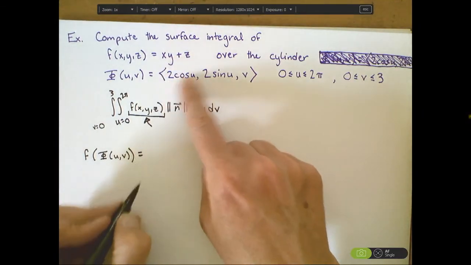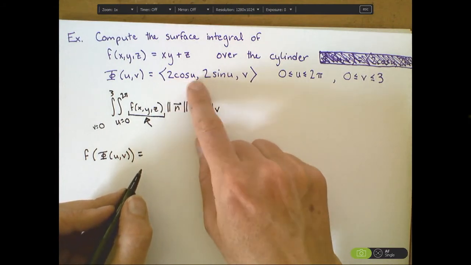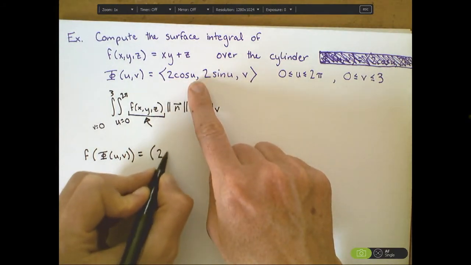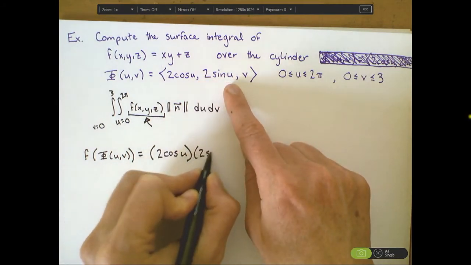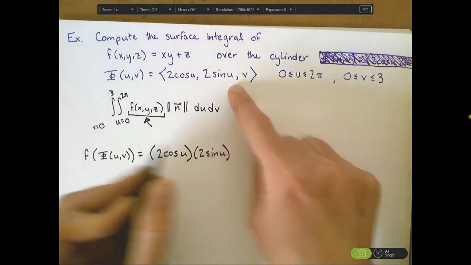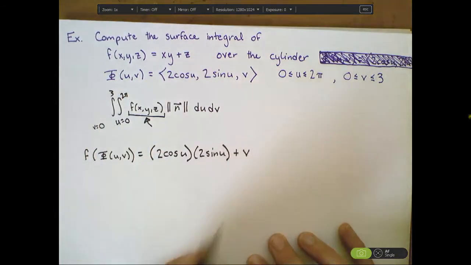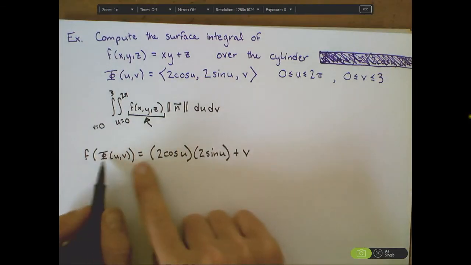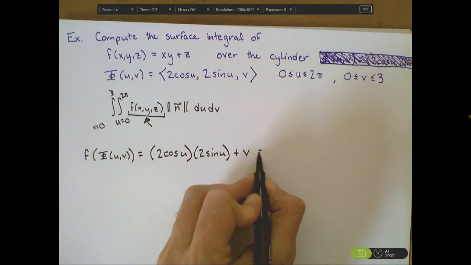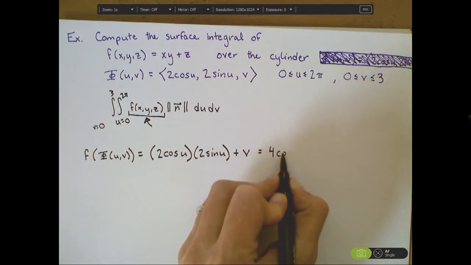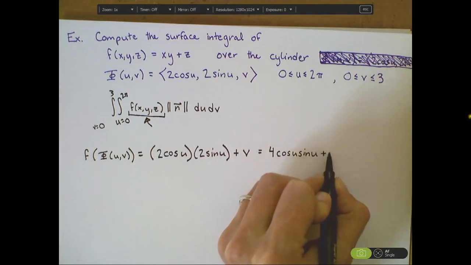In this case, x is exactly equal to 2 cosine u, and y is equal to 2 sine u, and then plus z. Z in this case is just equal to v. This is a way that we can rewrite our f function in terms of the variables that we want. I'm going to rewrite this as 4 cosine u sine u plus v.